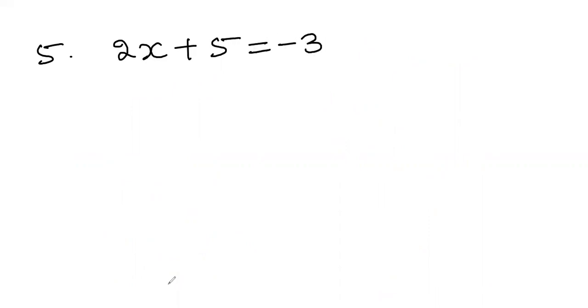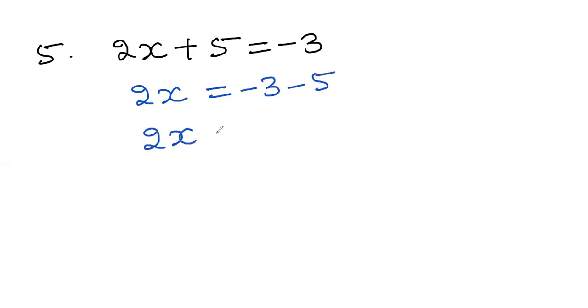Let me solve another equation. So what should we do here? We are adding 5 to 2x. So that means we will have to subtract 5 from minus 3. So it will be minus 3 minus 5.